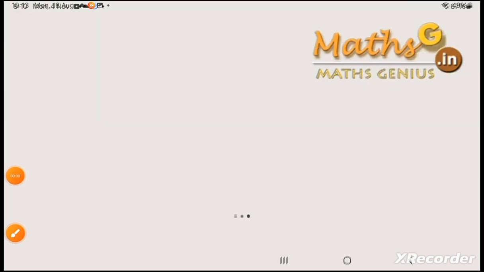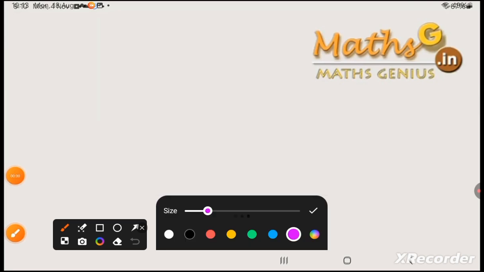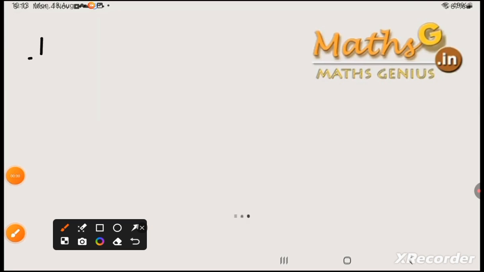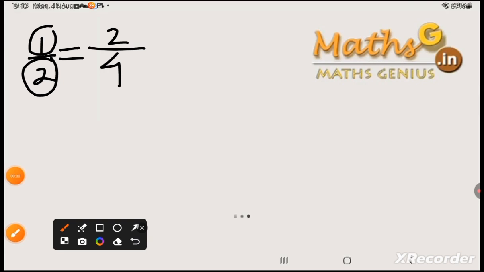Another example, a quicker one, with more than one. Let's say 1 by 2. If I multiply the numerator 1 with 2, it becomes 2. If I multiply the denominator with the same value 2, it becomes 4. So is 1 by 2 equal to 2 by 4? Yes.